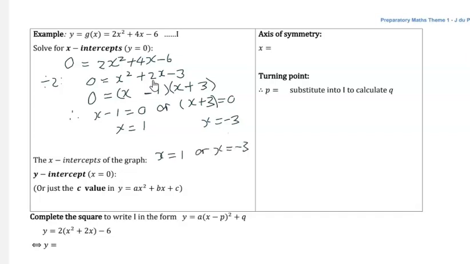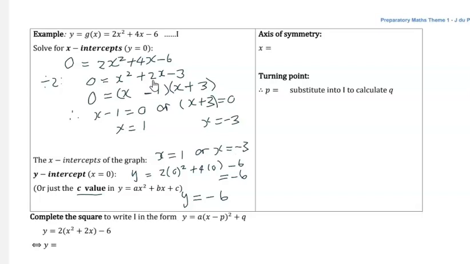That is my two x-intercepts. For my y-intercept, I make x 0, so I get y equal to 2 times 0 squared plus 4 times 0 minus 6. And you will notice this is just the c value. My y-intercept is y equal to minus 6.